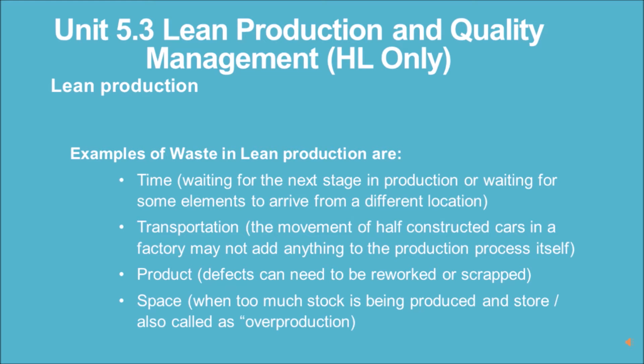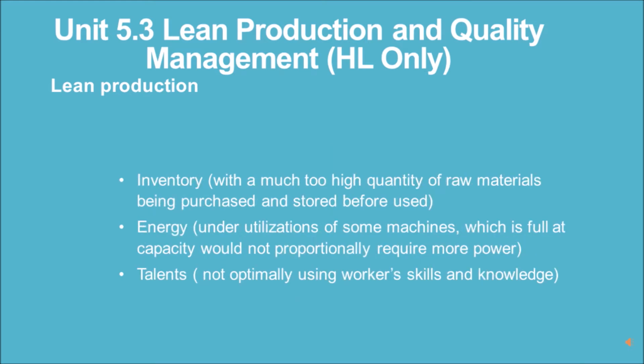Space, when too much stock is being produced and stored, also called overproduction. Inventory, with a much too high quantity of raw materials being purchased and stored before use. Energy, underutilization of some machines, which if full at capacity would not proportionally require more power. Talents, not optimally using workers' skills and knowledge.